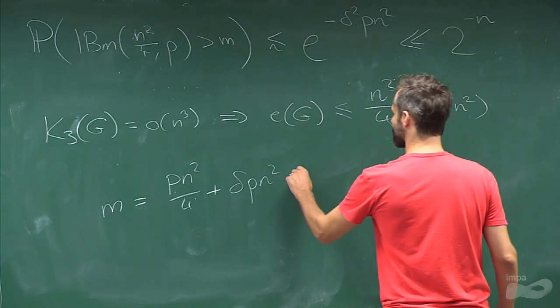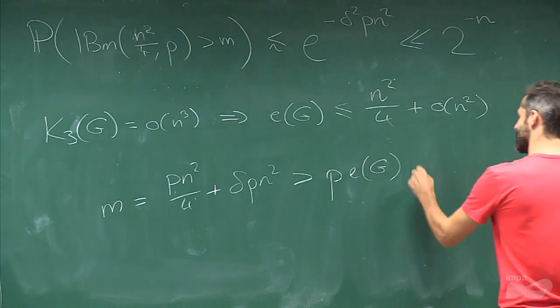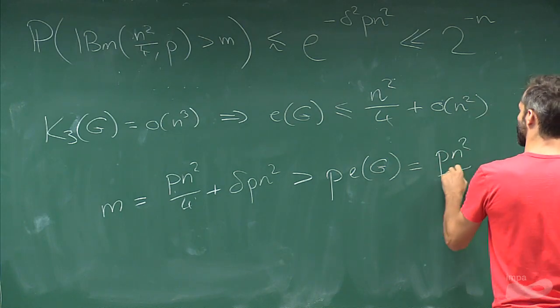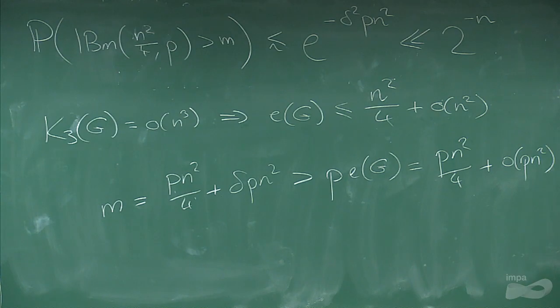And I claim this is bigger than P times E of G, which is Pn squared over 4 plus little o Pn squared. So this delta is exactly what pushes M above its expected value in one of these containers.